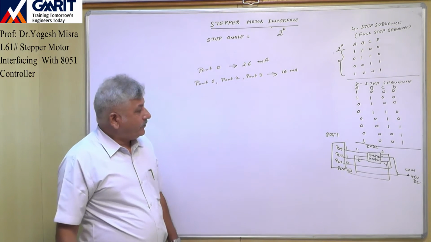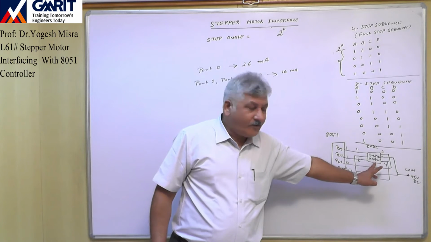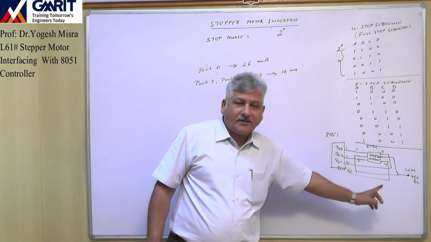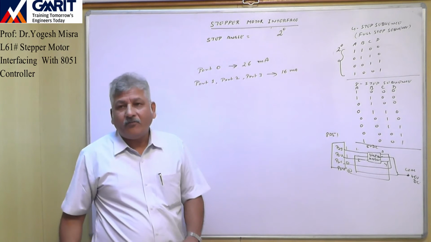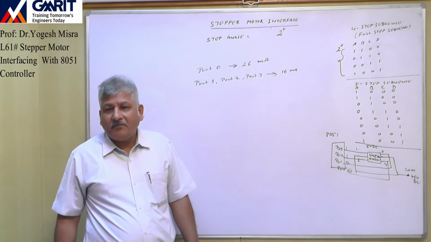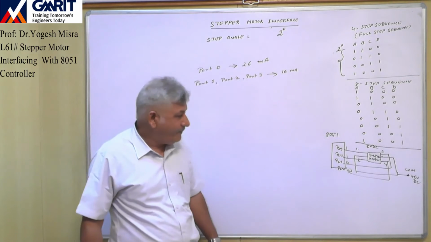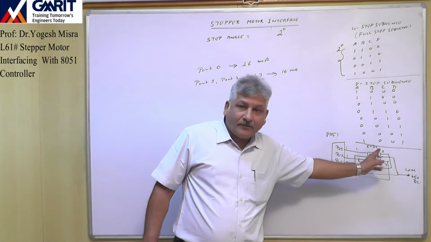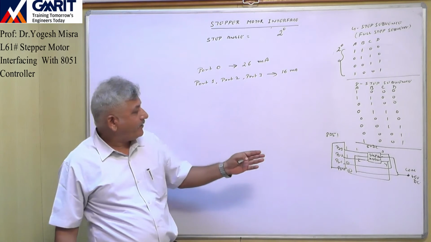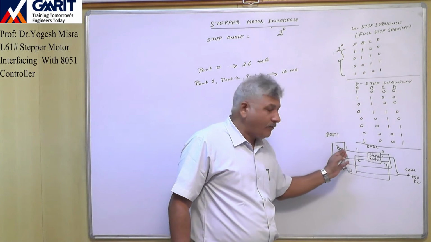Now the stepper motor which we are operating here requires a current in the range of 300 milliampere, 200 milliampere or 500 milliampere, right? So current rating for this stepper motor is more. So how will we directly interface this stepper motor with the microcontroller?